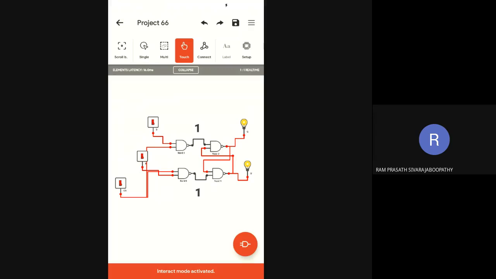See, when the clock becomes 0, both outputs are 1. NAND gate 1 and NAND gate 2 outputs both become 1.